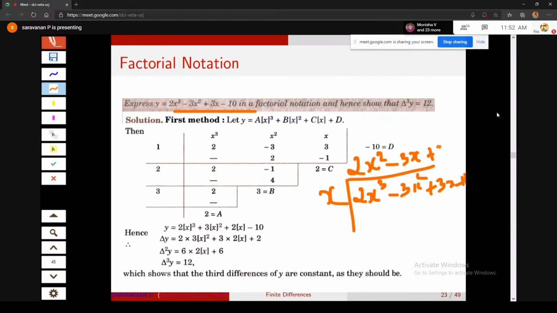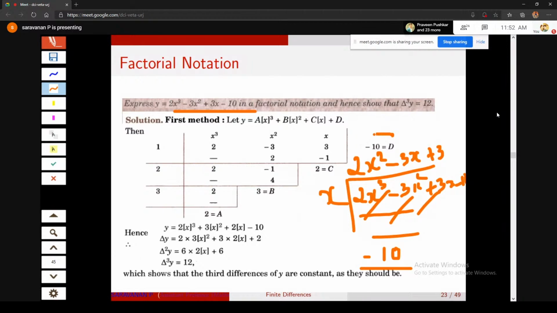If I subtract, it will get cancelled, and you will be left with only minus 10. So what is the remainder? Minus 10.